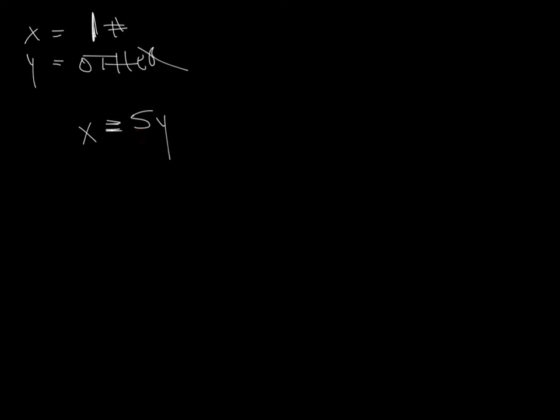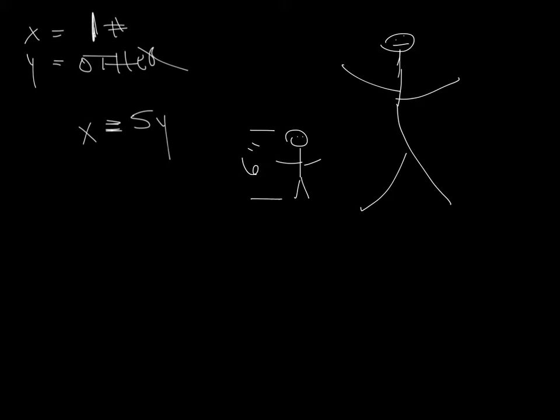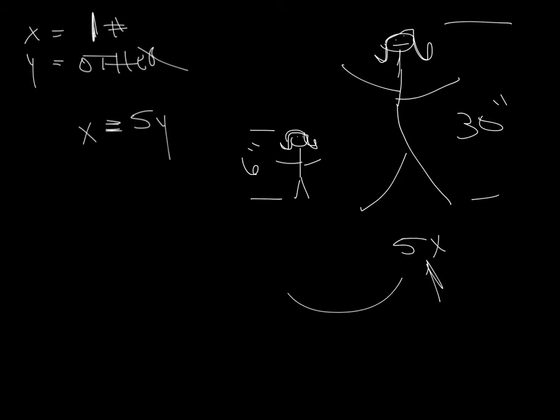So let's say, for instance, that one of you is 6 inches tall, and the other one is 30 inches tall. Okay, so you're like a giant. So there's one of you and there's the other one. Okay, make them 2 girls. And this girl is 30 inches tall. So this one is 5 times the size of this one.